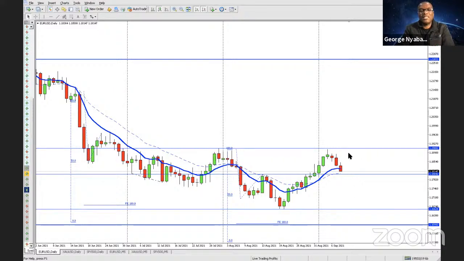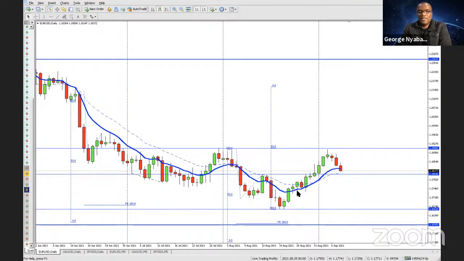So these are key levels to watch. Now, what could happen? You could be sitting there and say, okay, I'm bullish as far as this market is concerned. So what should you look for before you can find ways to jump into the market? There's no way I would have jumped into the market at this particular stage.